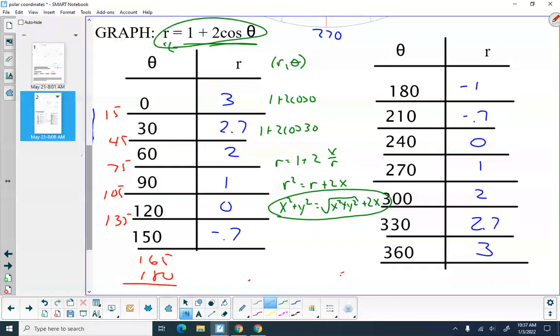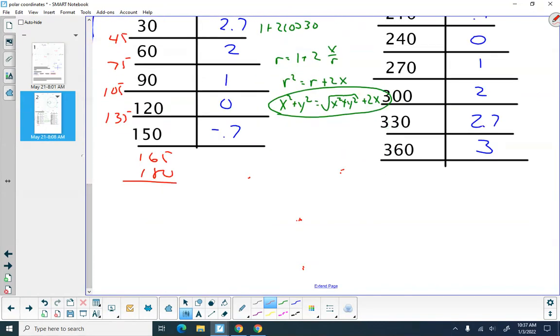You'll double up the number of values you have to do, but then you only have to do up through 180. And when you go through this graph, that will give you a point here, which will give you this, a point here, and a point here, which will give you this. So that will give you the 3-leaved and 4-leaved roses.